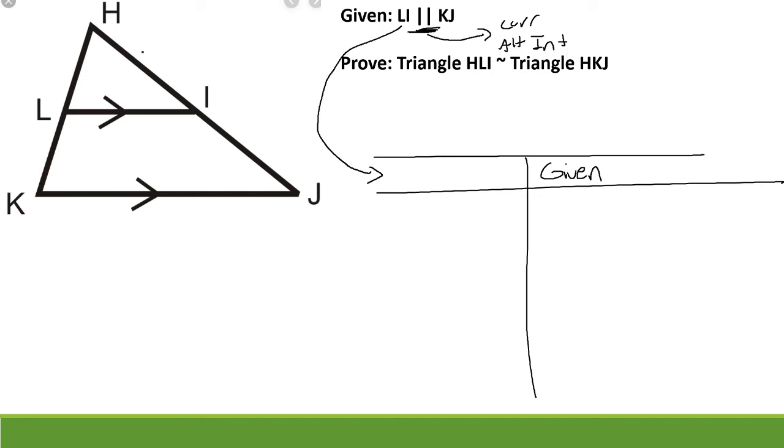Well, one of the things that often happens that people miss is that when you have this setup and these two lines are parallel, angle HLI, this angle right here, is corresponding to HKJ, this angle right here. These are corresponding angles, and therefore they're congruent. Angle HLI is congruent to angle HKJ. Now, why are they congruent? Well, because they're corresponding.